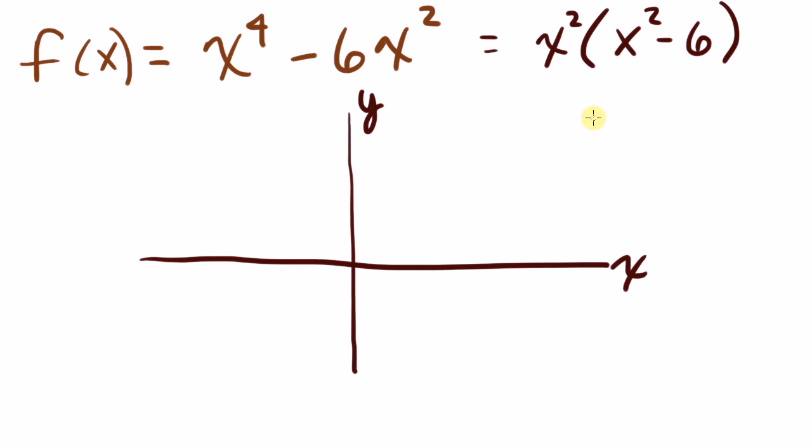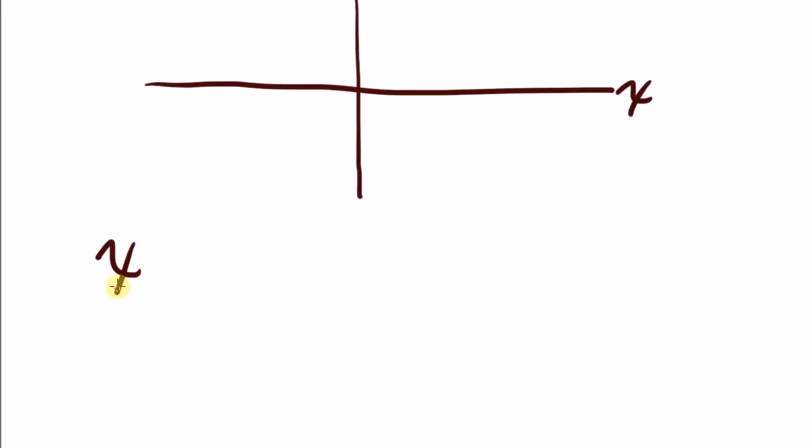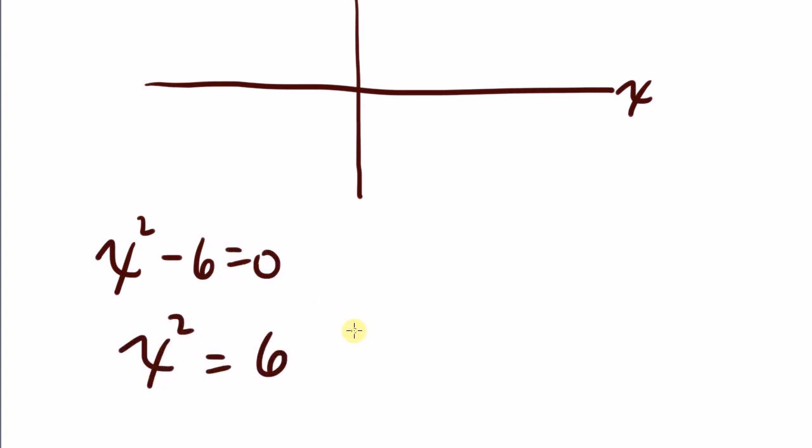Alright, so we have x squared minus 6 equals 0. That's x squared equals positive 6. So we take the square root of both sides, and we get x is equal to plus or minus the square root of 6. And our other zero is x squared.